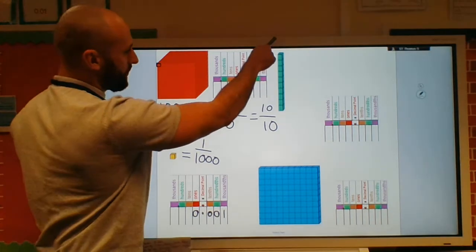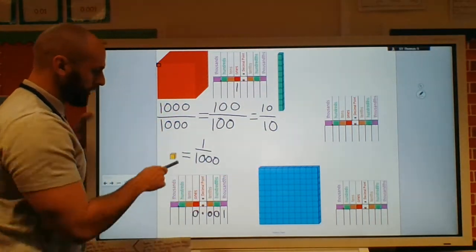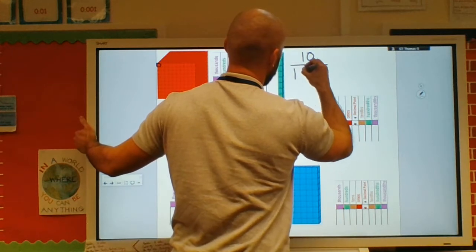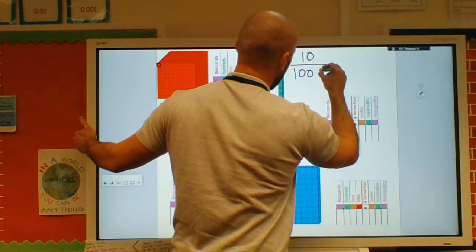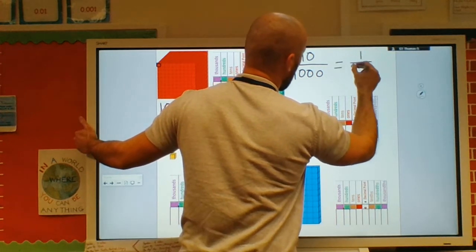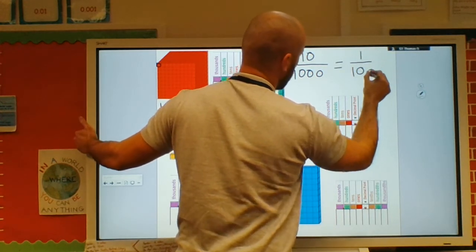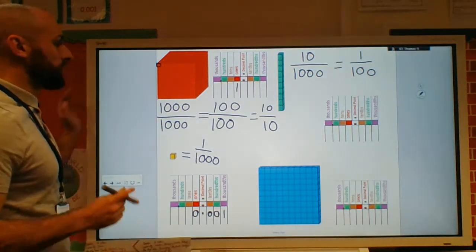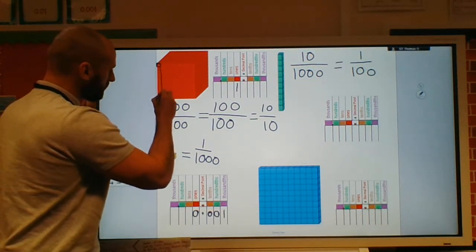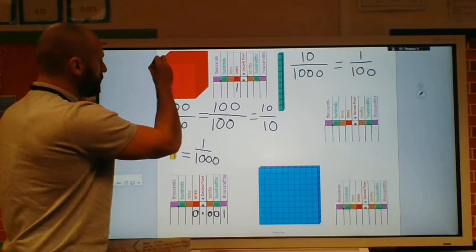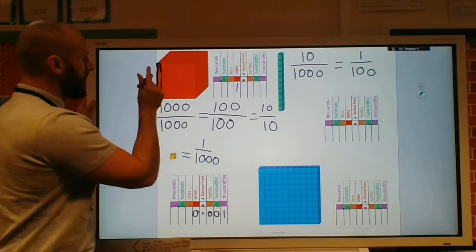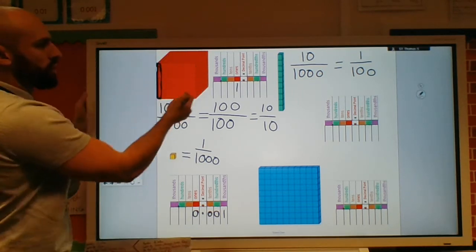So then when I have 10 thousandths, well, I actually call this 1/100th. Okay, I can simplify it to 1/100th, because now if I had 100 of these, I'd be able to make 1 whole.